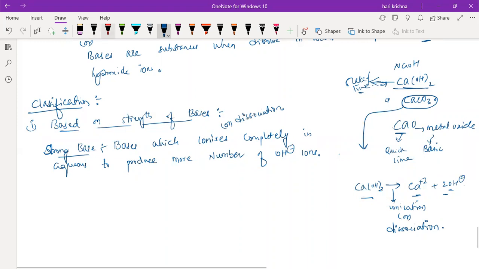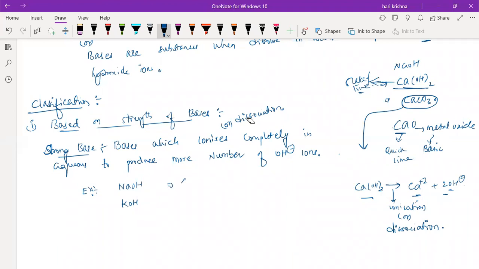Next one is a weak base. What is the exact difference between ionization and dissociation? Both are the same. Okay, sir. Example. Strong base examples: NaOH, KOH.